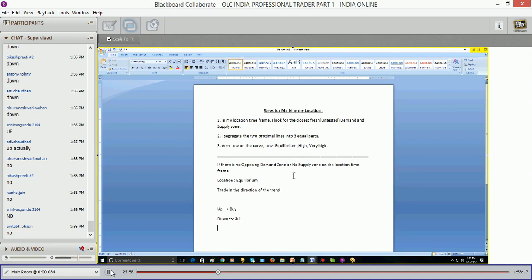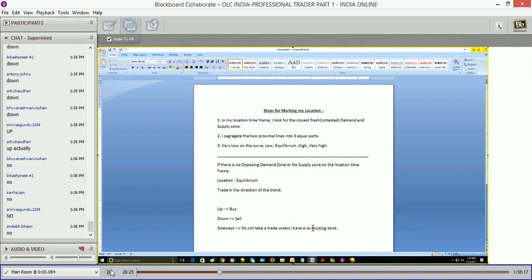And if my trend is sideways, I do not take a trade unless I have a coinciding zone. Note this caveat, guys.